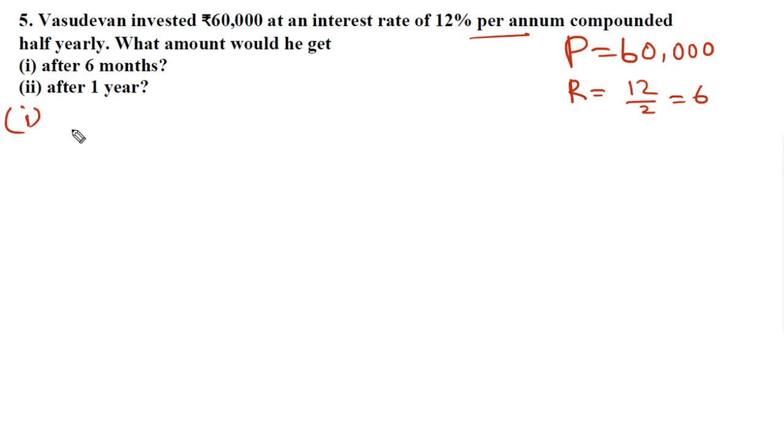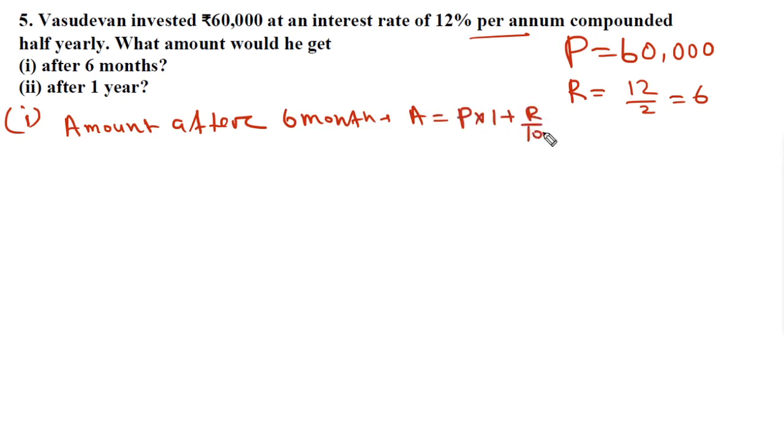So amount after 6 months will be equal to, you know the formula, A is equal to P into 1 plus R by 100 to the power n.